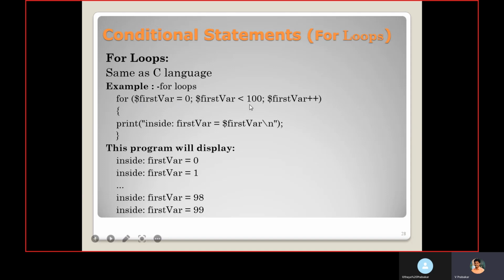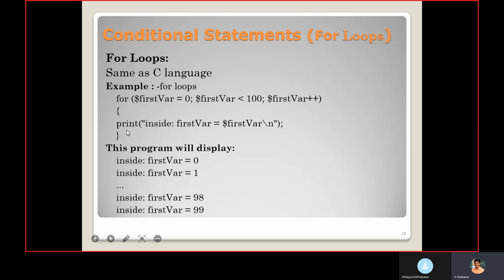Then the condition for termination: $first VAR less than 100. So it is 0 now, and until first VAR becomes 100 it will continuously iterate this loop. Then we perform an increment or decrement. Here we increment first VAR by 1.